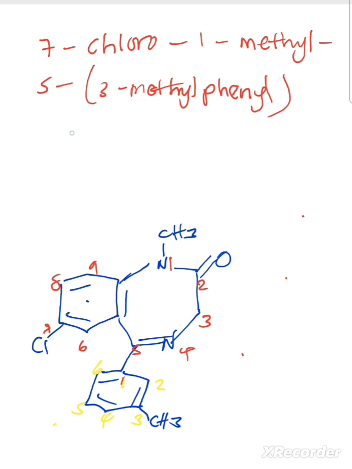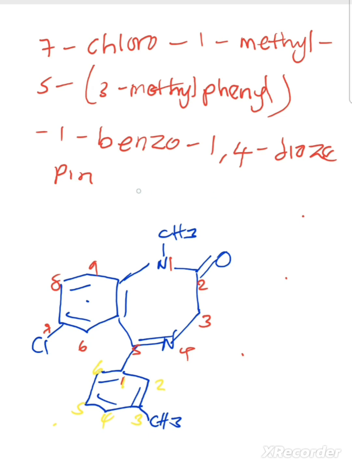That's why now we're going to say position 1, it is connected to benzo. So here you just write 1-benzo, the way I've written 1-benzo. You find what about the position of the nitrogen is 1, 4, the same thing, diazepine. What about the position of the ketone? On position 2, like this. So that's the name there. 7-chloro, 1-methyl.